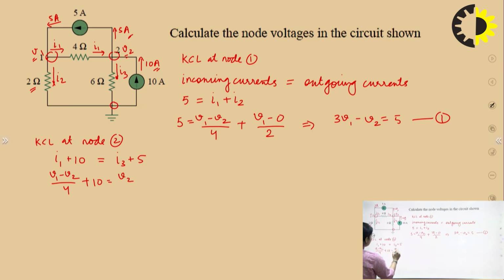So (V2 minus 0)/6 plus 5. Now rearrange this equation.